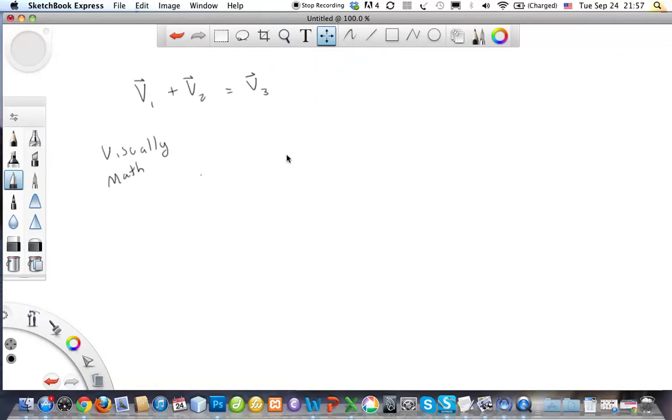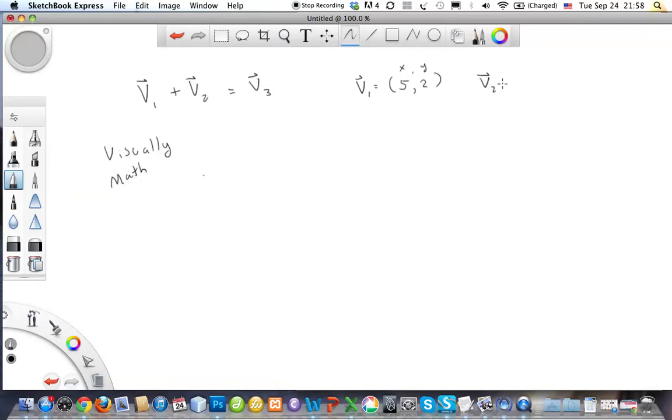Okay. And now, with that concept in mind, I'm actually going to talk about adding vectors. So I'm going to define vector 1 as having two components, an x and a y component, of 5, 2. Okay. Our second vector, vector 2, is going to have an x and y component as well.